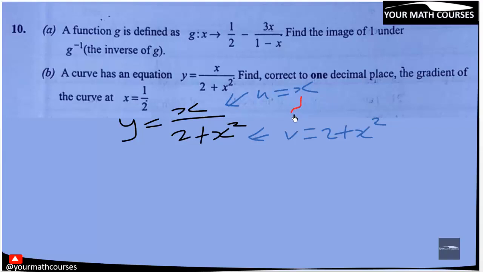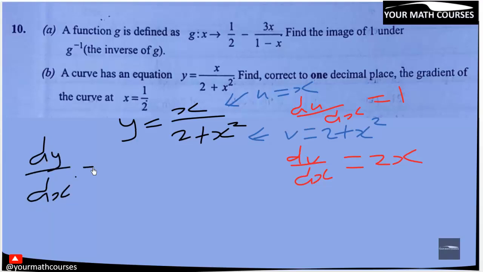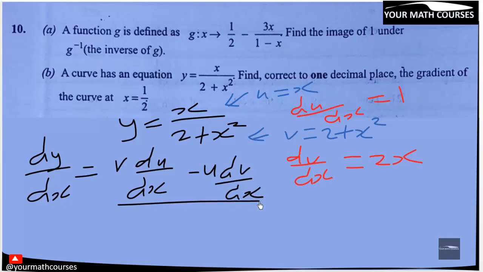So du dx will be equal to 1. Then also dv dx will be equal to 2x. So recall the quotient rule: dy dx is equal to v du dx minus u dv dx all over v squared.